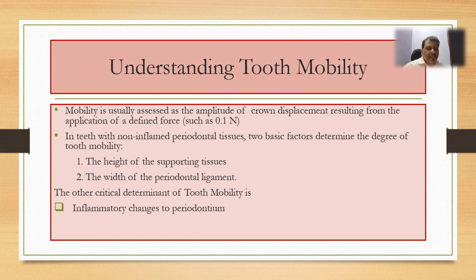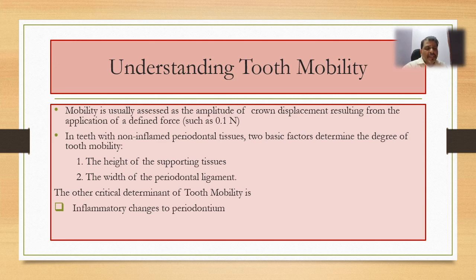Now, tooth mobility is that significant clinical presentation which indicates clinically that the patient would perhaps be having occlusal trauma that is being brought to bear onto the periodontium. Now, what causes tooth mobility? There are two significant factors that are important.